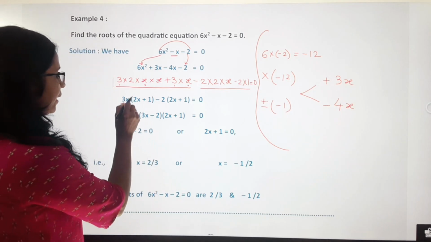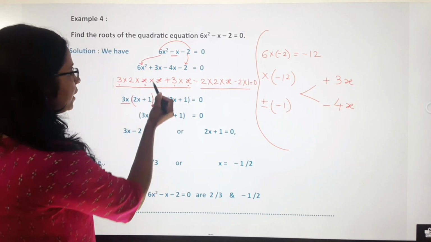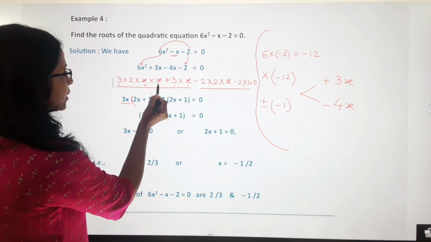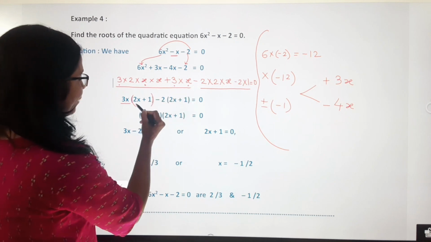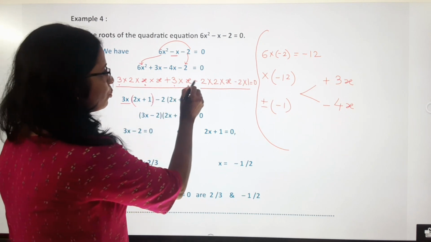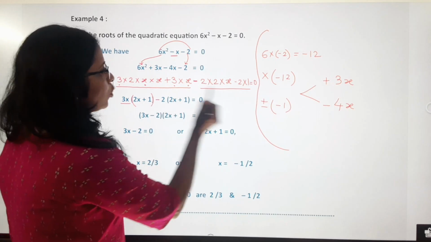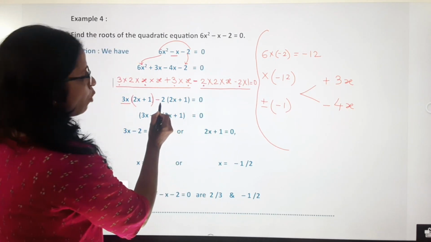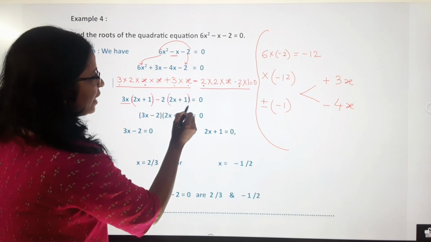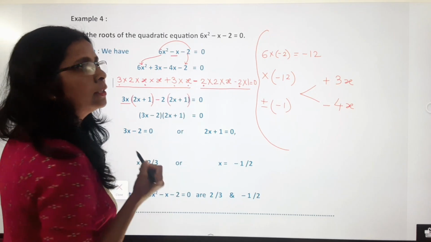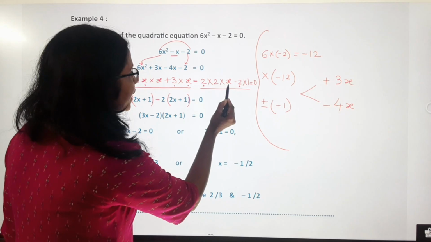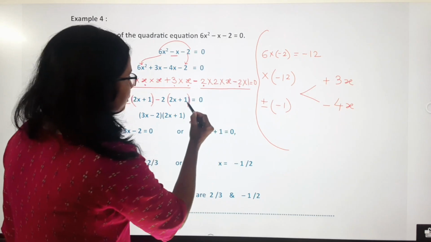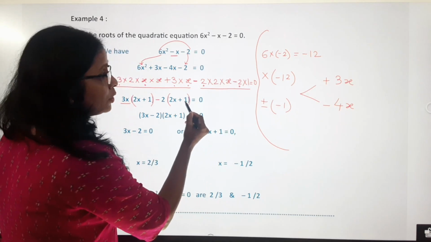Then in the bracket, write down the remaining terms: here 2x plus 1, 2x plus 1. Then from this group, write minus, common will be 2, here is 2, here is 2. So 2 is common. In the bracket, write the remaining terms, that is 2x minus 1.